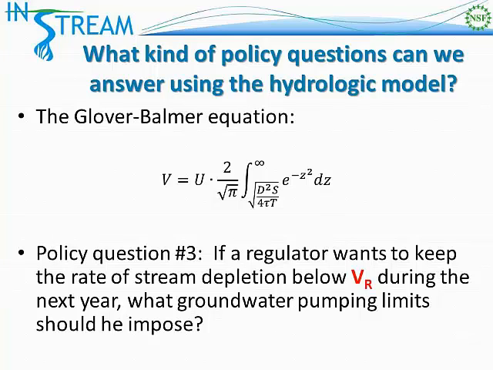Then we have values for V, D, S, tau, and T, and so we can solve for U, which is the pumping rate that the well with these characteristics can pump at so as to keep stream depletion at a level V sub R.